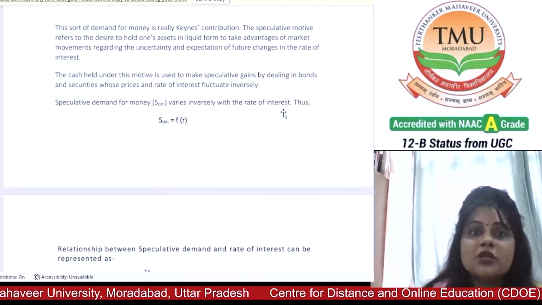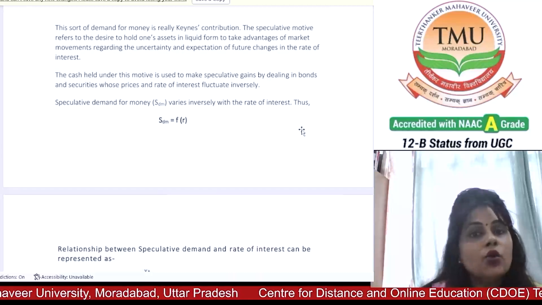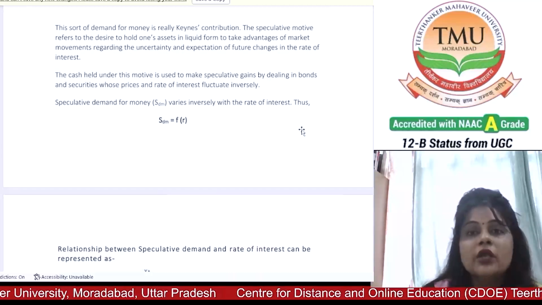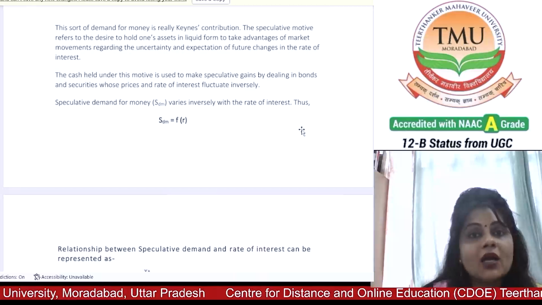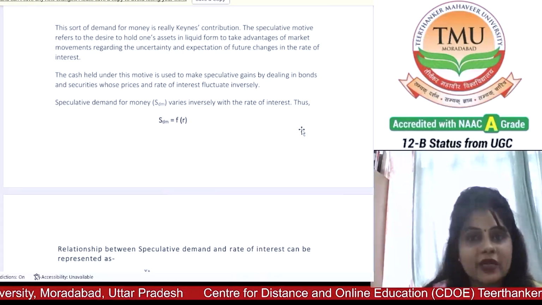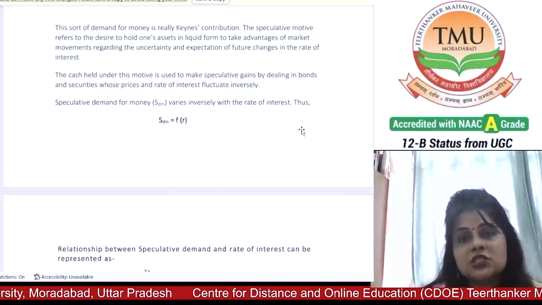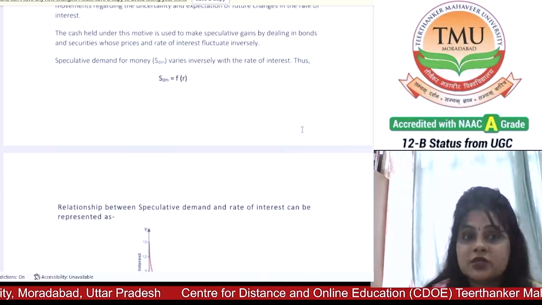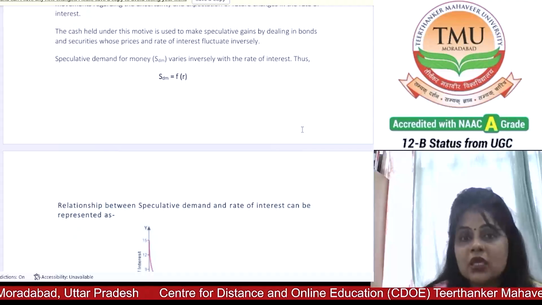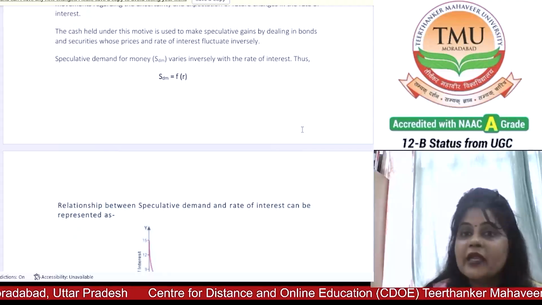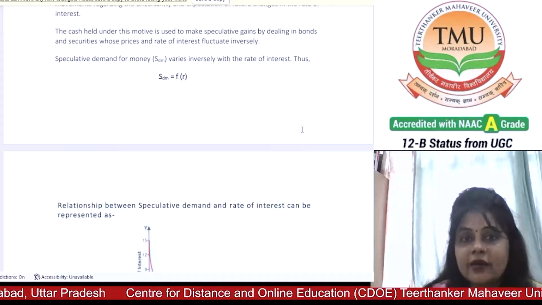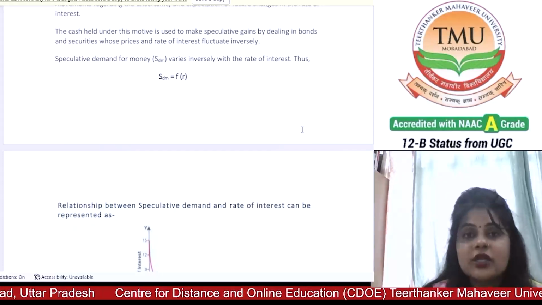The speculative motive refers to the desire to hold one's assets in liquid form to take advantage of market movements regarding the uncertainty and expectation of future changes in the rate of interest. The cash held under this motive is used to make speculative gains by dealing in bonds and securities whose prices and rate of interest fluctuate inversely.